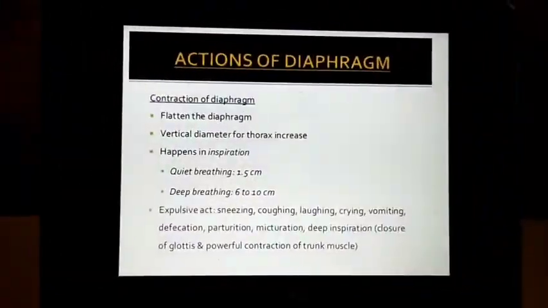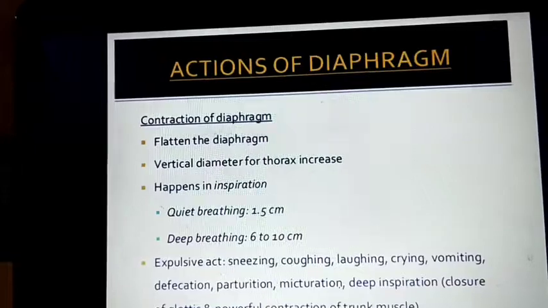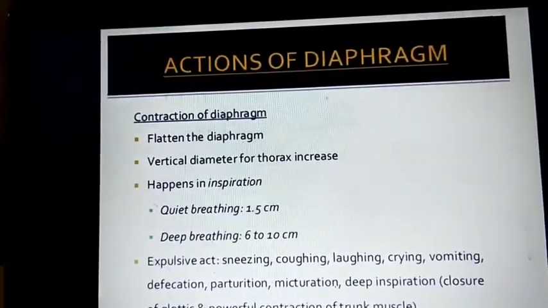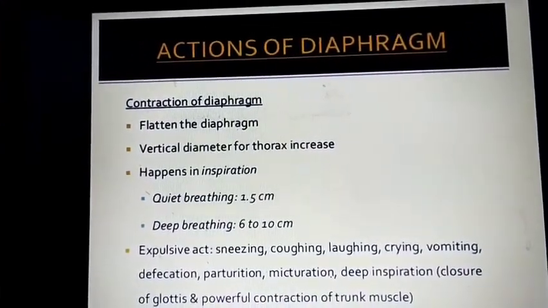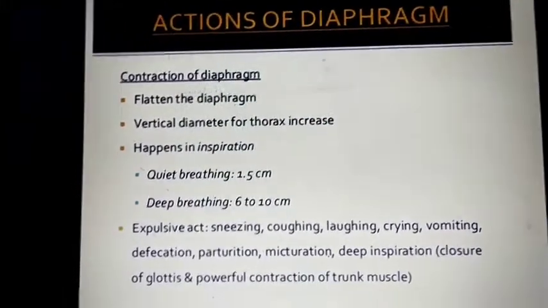Now, actions of the diaphragm. The main action: contraction of the diaphragm flattens it, and the vertical diameter of the thorax is increased because of the flattening. This happens in inspiration.